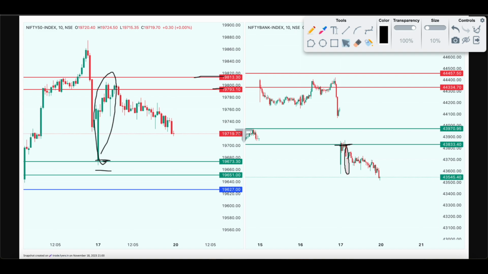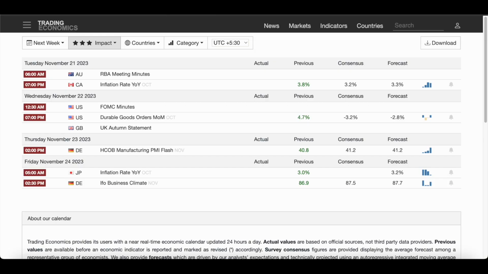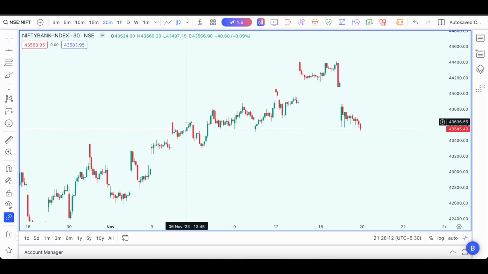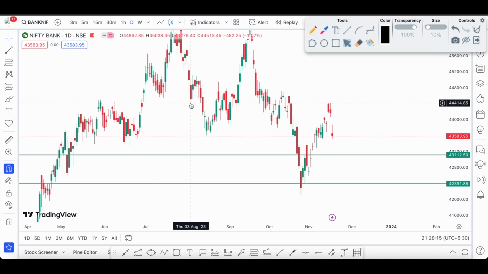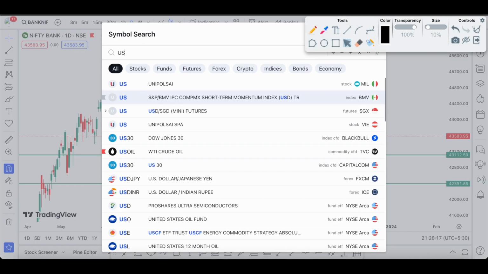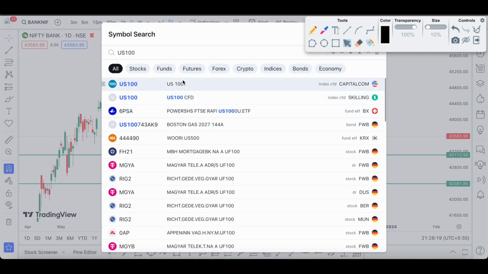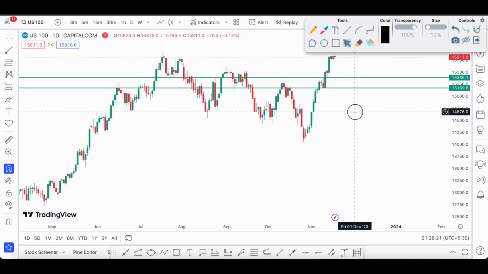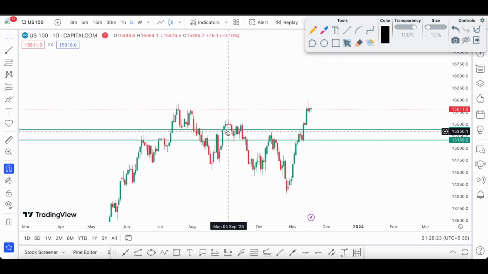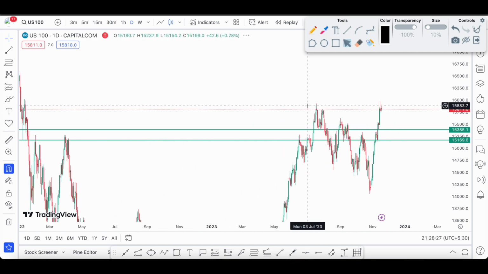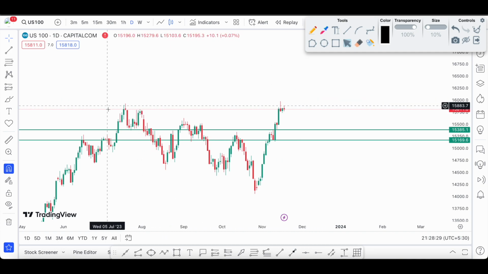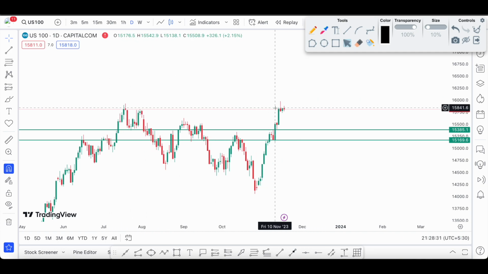Okay, now let's go to the present levels. Before that, let me show you the US 100 level. There is also one good level in the US 100, which again adds confusion to your entry. It is almost near the highs, and if you see this swing high, we have to wait.